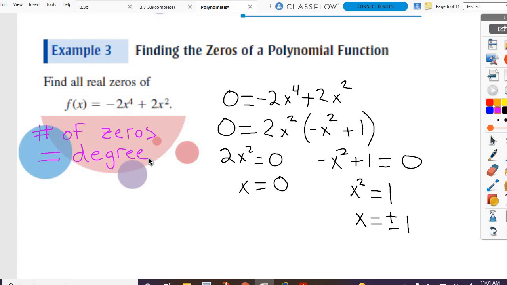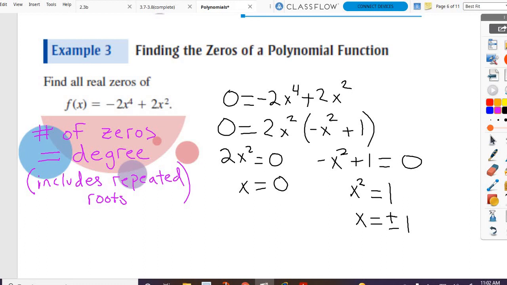So what would happen if we had imaginary solutions, we would get those by factoring. But there is a catch here. This includes repeated roots.